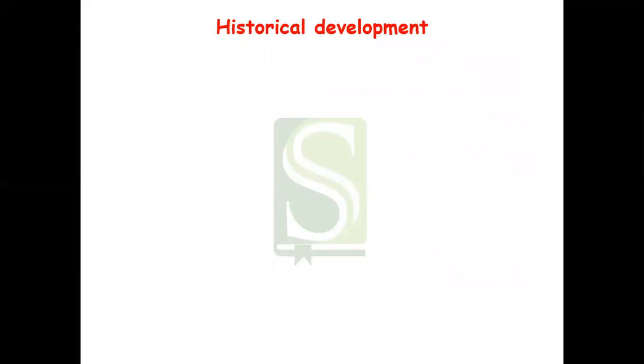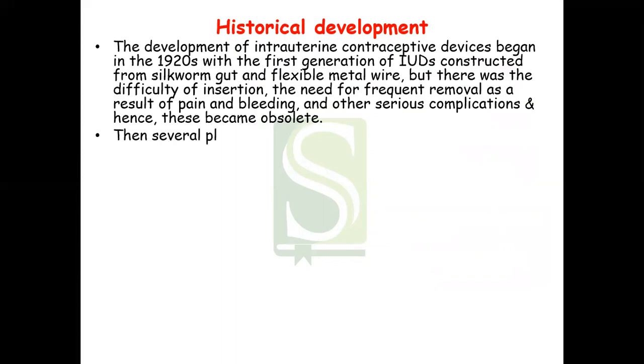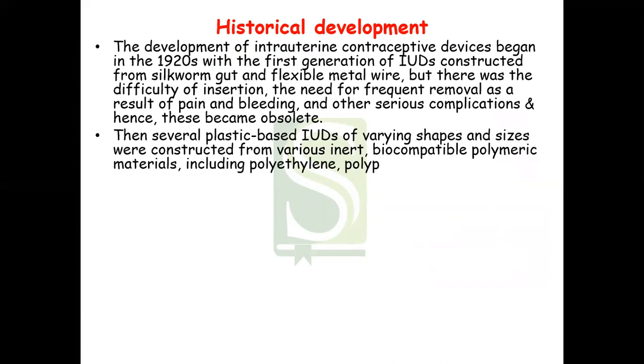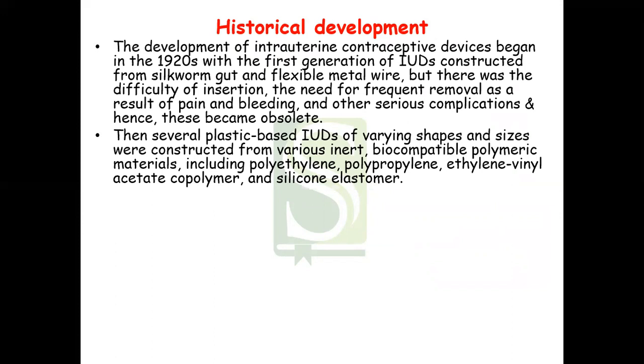Let us see the historical development of IUDs. The development of intrauterine contraceptive devices began in the 1920s with the first generation of IUDs constructed from silkworm gut and flexible metal wire. But there was difficulty of insertion. There was need of frequent removal as a result of pain and bleeding and other serious complications, and hence they became obsolete.